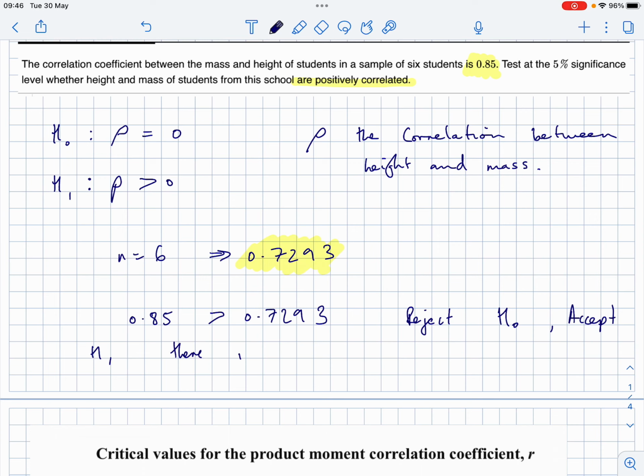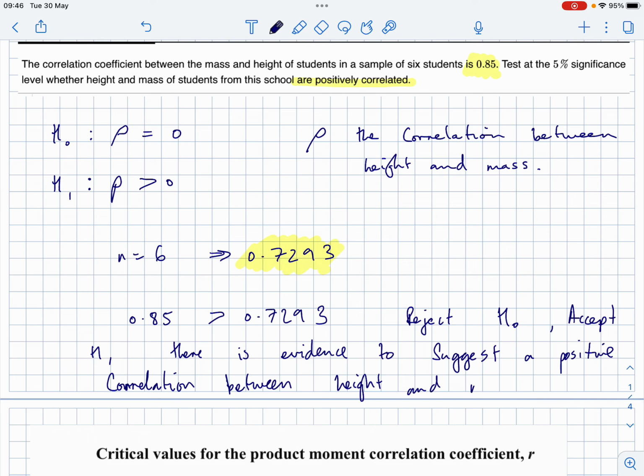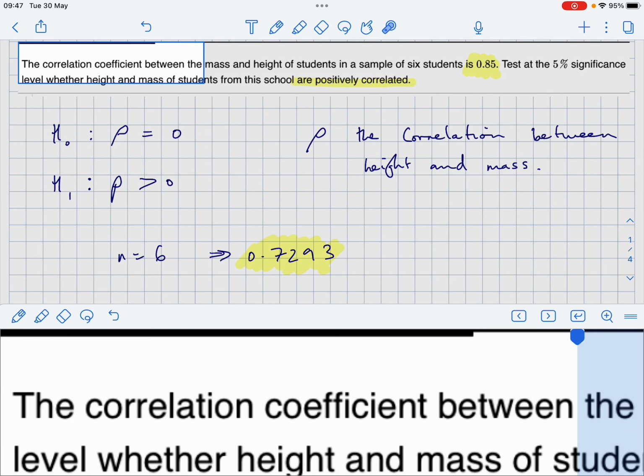There is evidence to suggest a positive correlation between height and mass. Okay, so it's only this bit in the middle that's slightly different.